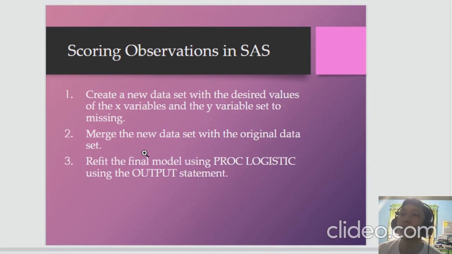Scoring: 1. Create a new data set with a desired value of the x variable and the y variable set to missing. 2. Merge the new data set with the original data set. And 3. Refit the final model using proc logistic using the output statement.